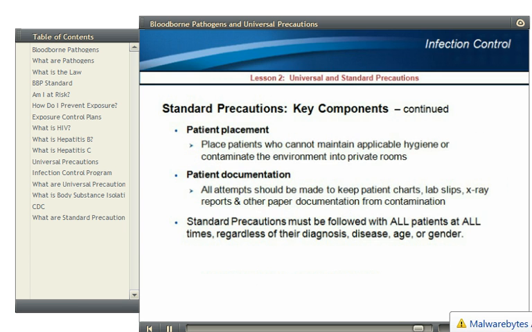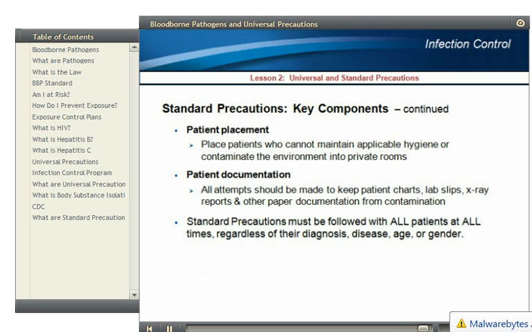Standard precautions. Key components continued. Patient placement: place patients who cannot maintain applicable hygiene or contaminate the environment into private rooms. Patient documentation: all attempts should be made to keep patient charts, lab slips, X-ray reports, and other paper documentation from contamination.